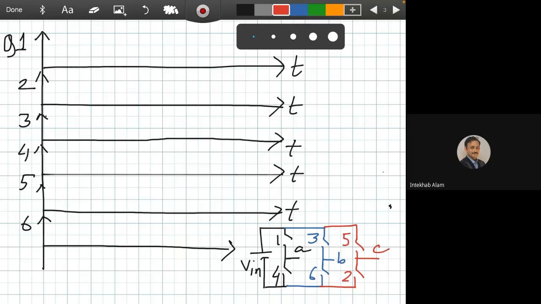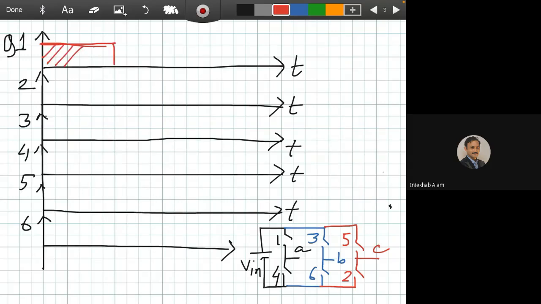If the conduction angle is 180 degree, we need to define that the switch is conducting up to this point. This is 180 degree. I am just denoting this part as 180 degree. Next 180 degree will be for switch 4.